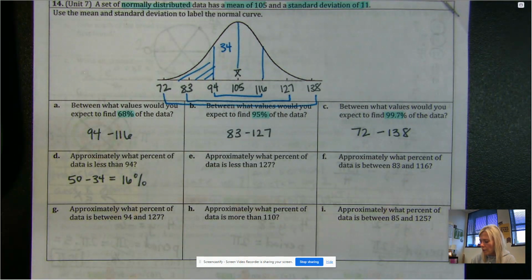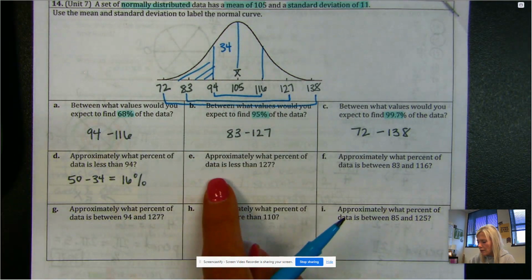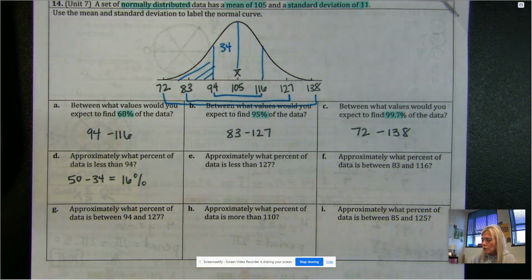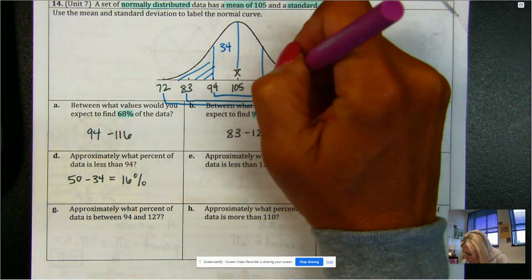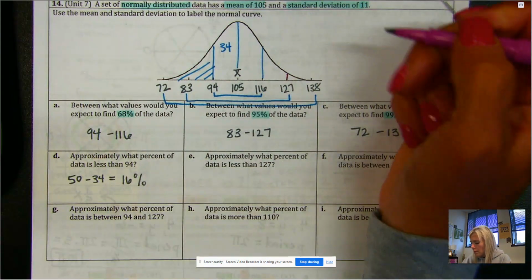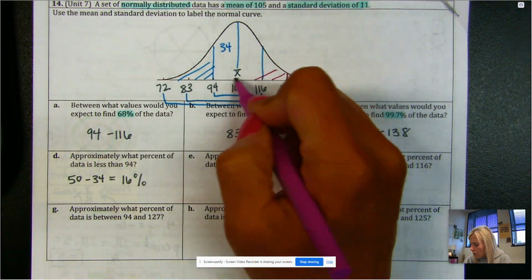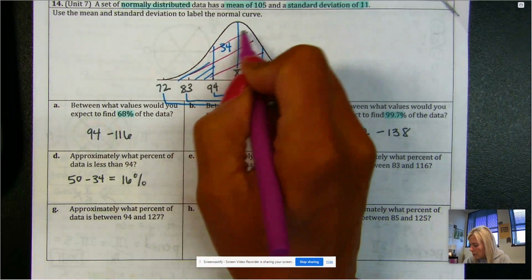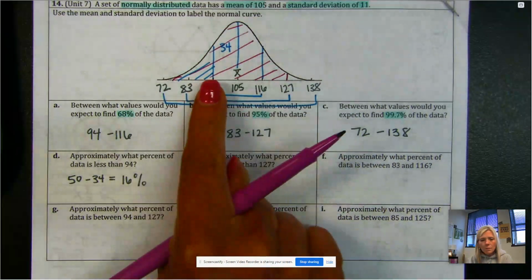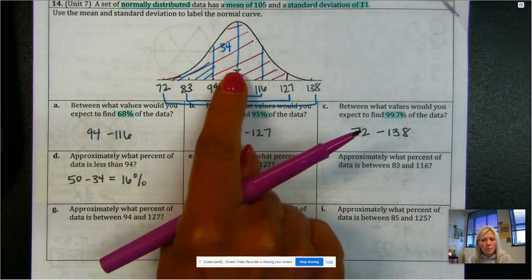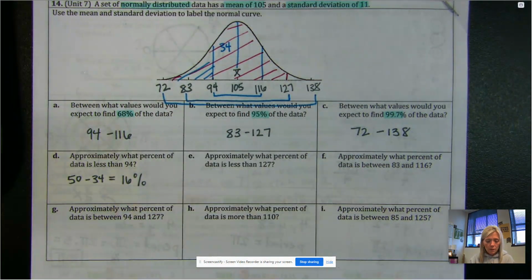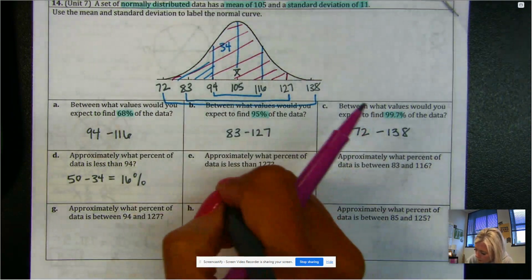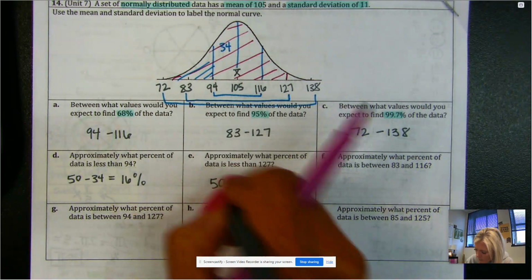All right, and then approximately what percent is less than 127? So here's 127. And so we're talking about all of this, right? All the way down to the very end. So from the mean down is 50%. So I'm going to say 50% for left of the mean.